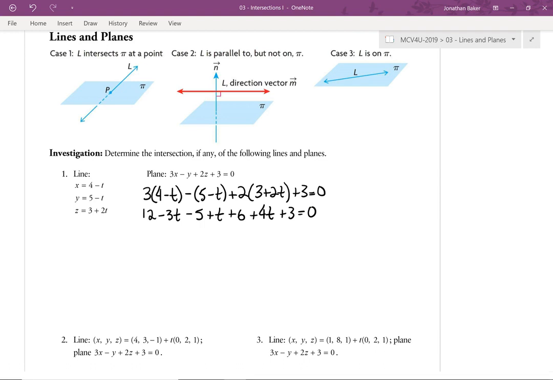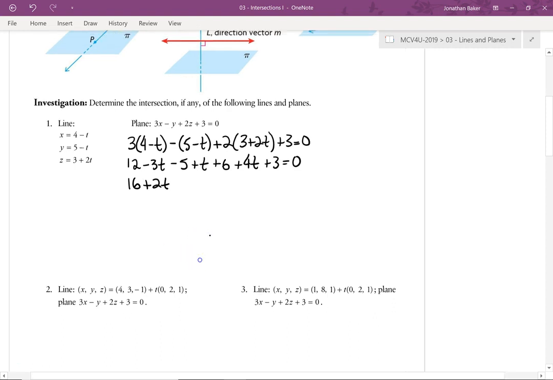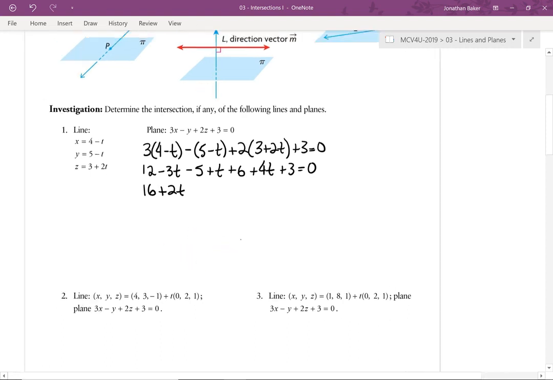So once we do this, we end up with 16 for our constant and 2t for the linear term, and this is equal to 0. And so 2t equals minus 16, and t equals negative 8. And so this is the parameter that we would have to use in our parametric equation here. That means if we set t to negative 8, then we should get the point that we want that's on our plane.